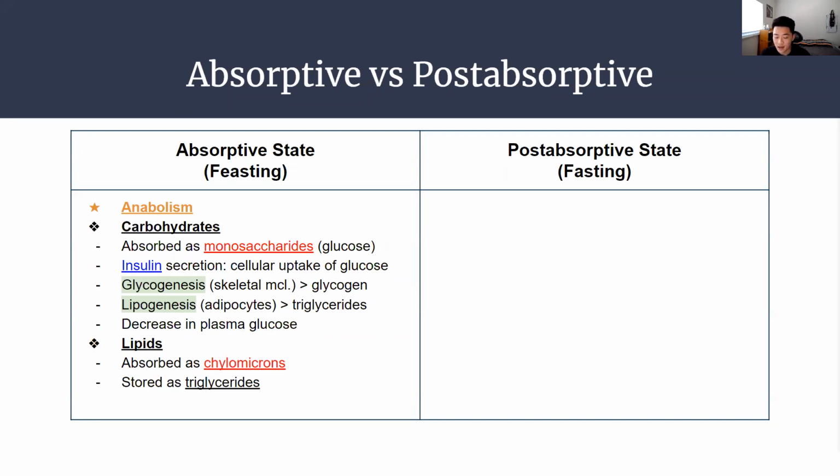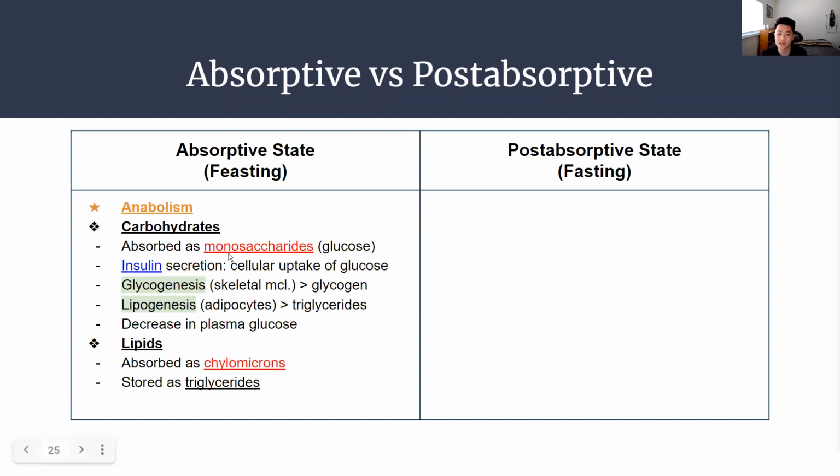as chylomicrons. Okay, lipids are absorbed as chylomicrons and stored as triglycerides. Okay, so triglycerides are a storage form of fat, but glucose can also be stored as triglycerides. Okay, fatty acids can be used for energy. Okay.